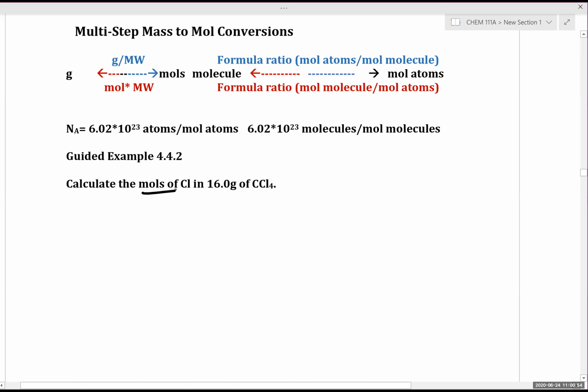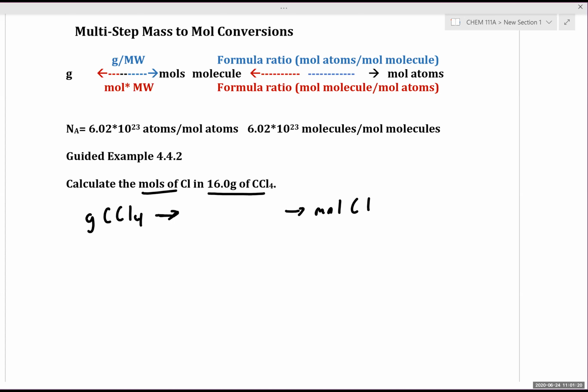So we're asked to calculate the moles of chlorine in 16.0 grams of carbon tetrachloride. So we're trying to go from grams of carbon tetrachloride to moles of chlorine. Now, what is our intermediate unit? What is our stepping stone unit? What units are going to go in the middle here?